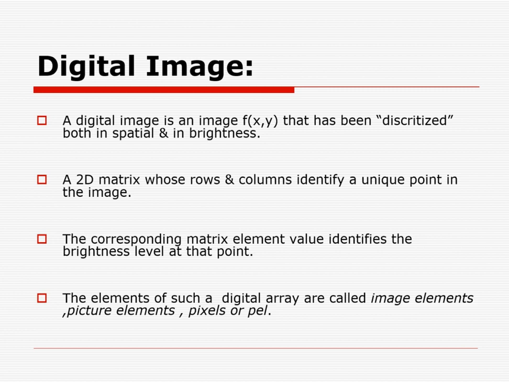Digitization actually consists of two sub-steps: sampling and quantization. As a result, we will have a 2D matrix-based representation for our input image, and this matrix-based representation is termed a digital image.